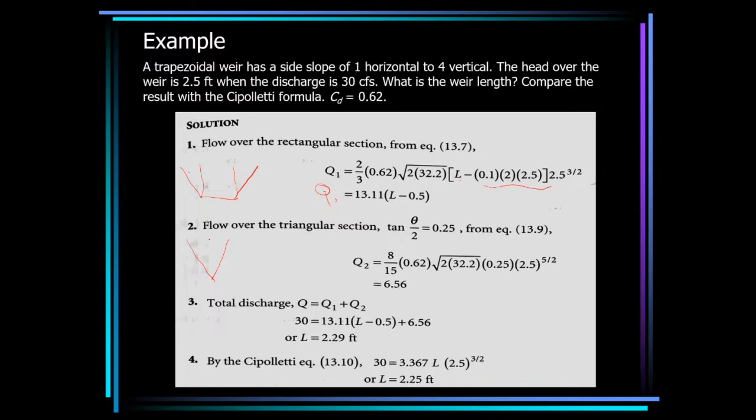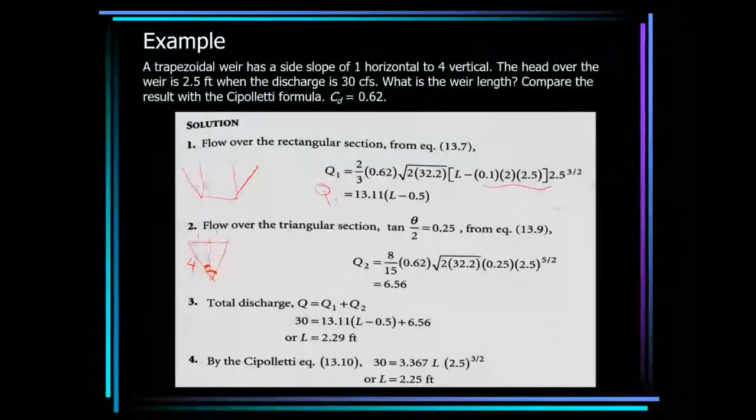The side slope is 1 to 4, 1 horizontal, 4 vertical, isn't it? So now the side slope is 1 to 4. This theta is the angle here. So what is this angle? This one is theta over 2.